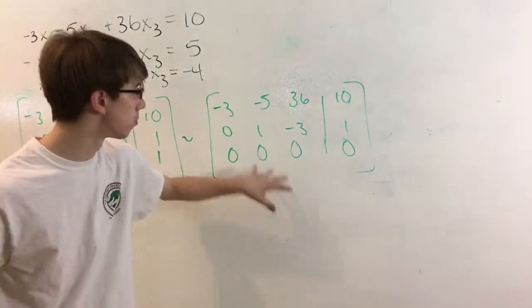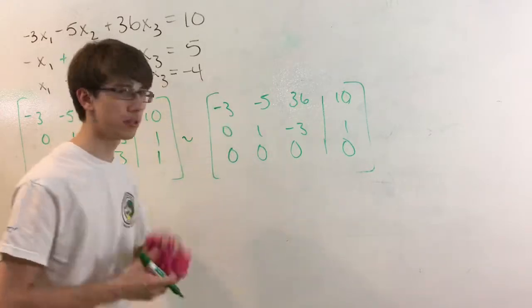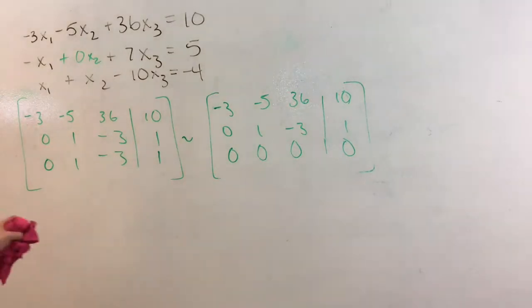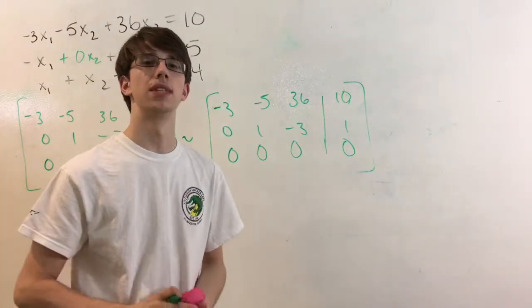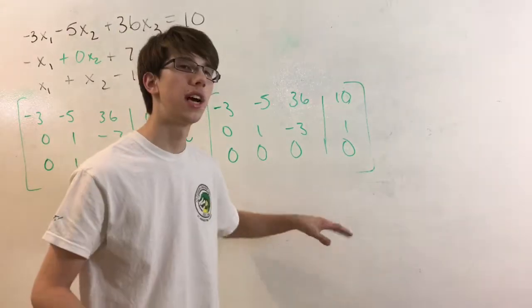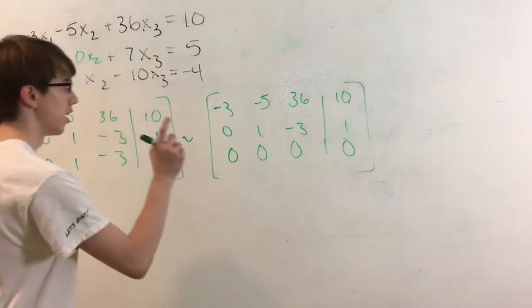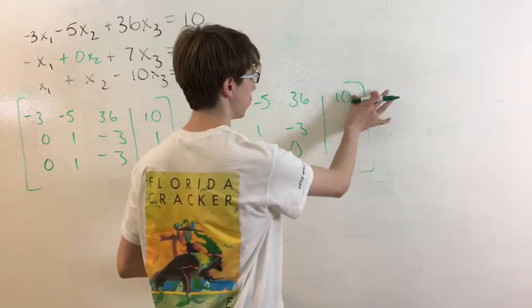And when you have more variables than you do rows, it means that you're going to have to end up with a free variable. A variable that does not have a set value. Because it doesn't have a set value, you can define it as however you want, because it's free. It doesn't matter what the value is, you're always going to end up with a solution to the problem. That variable is extraneous.